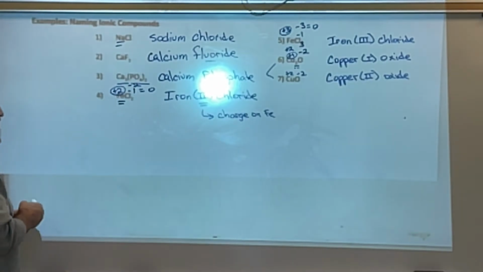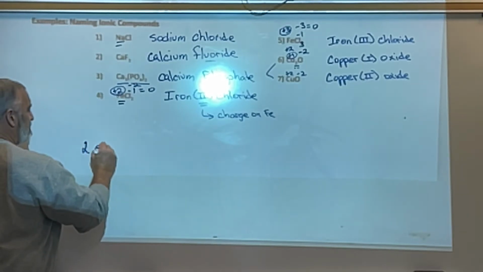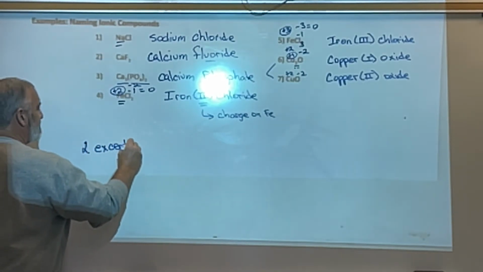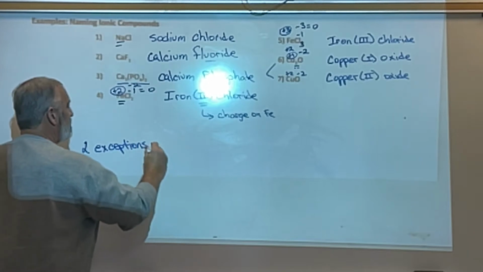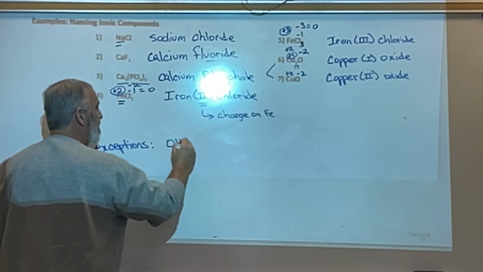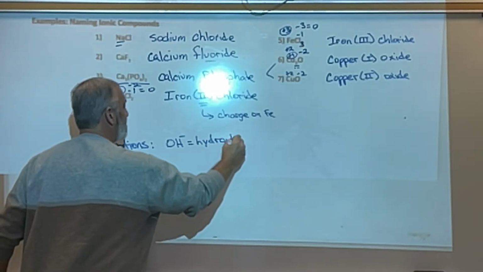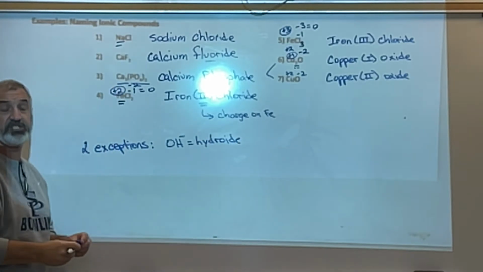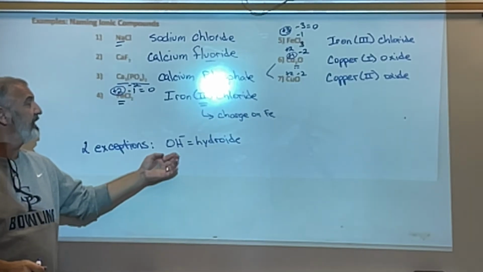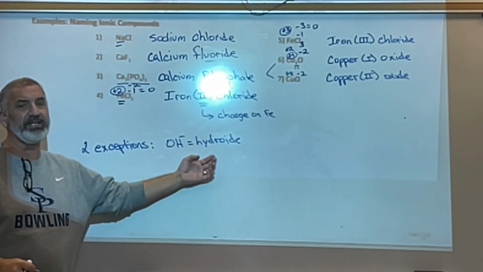Now there are 2 exceptions to that, and I think it's in the notes, the 2 exceptions. But you just need to know these. OH minus is equal to hydroxide. That's the hydroxide ion. Now that's on the sheet, okay? You don't have to memorize it, but it is a polyatomic ion that does not end in ite or ate.